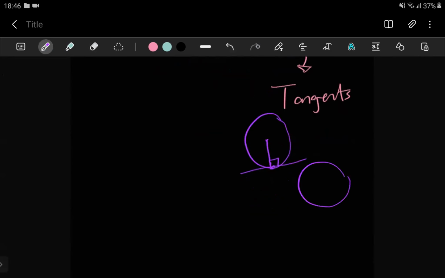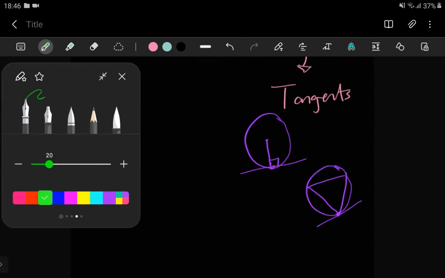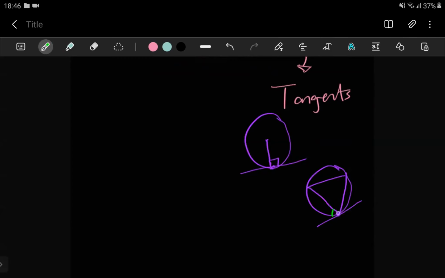Secondly, you have the famous tan chord theorem. There's this here, and this there, and this over there. So this angle here is going to be equal to that angle there.